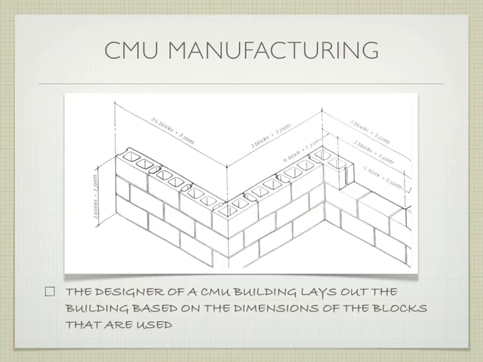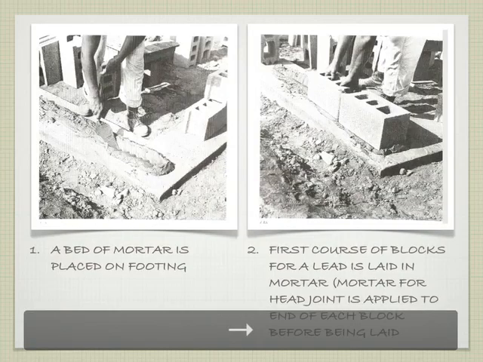So 16, 16, 16, 8, it's all going to add up. It has to. Likewise, when we turn the corner, you can't have half a block or 2/3 of a block. It doesn't work. Could you cut one of these blocks? Sure, but it kind of defeats the purpose of using these nice prefabricated pieces that come to the site as a standard size. So you need to be very careful when you're designing a building.